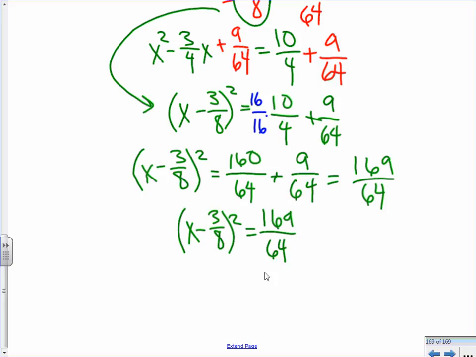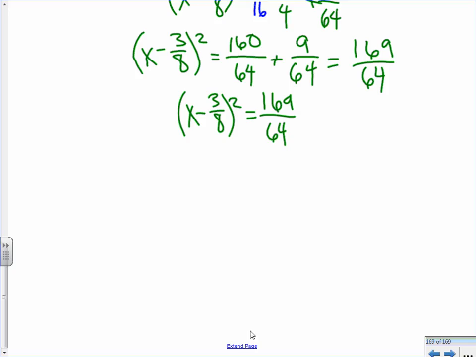We're trying to solve for x here. We're trying to get the x by itself, and it's stuck here inside this parentheses, stuck here inside the stuff that's being squared. So what we need to do is go ahead and square root both sides. So on the left-hand side, I just get x minus 3/8 because the square root and the squared undo each other.